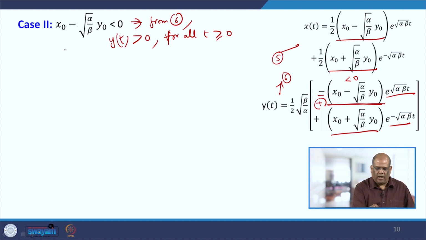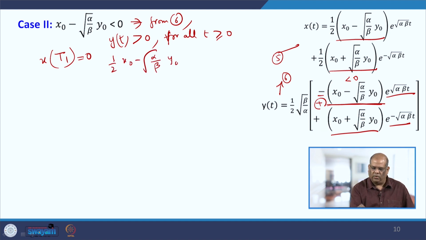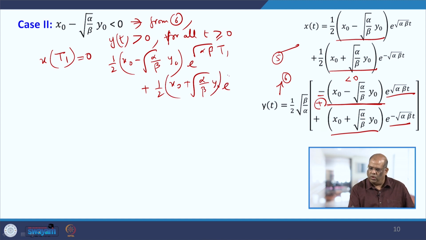So, let us assume that there exists a finite time t1 for which this x(t1) vanishes, and I will put half of (x0 minus root alpha by beta y0) into e to the power root alpha beta times t1 plus half of (x0 plus root of alpha by beta y0) into e to the power minus root alpha beta times t1 equal to 0.